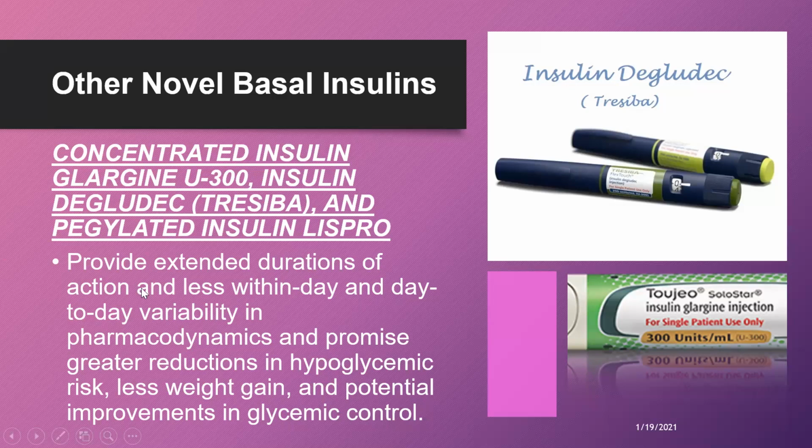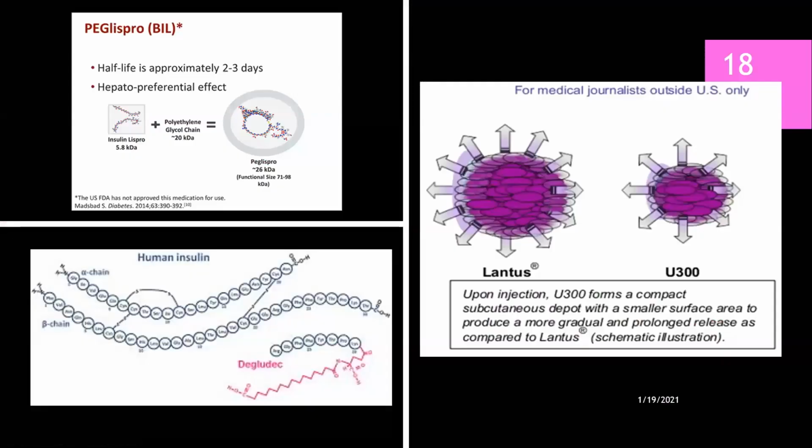I have practically used them and have experienced that these advanced insulins, Toujeo and Tresiba, clearly have improvement in glycemic control and lesser risk of hypoglycemia compared to other long-acting insulins.